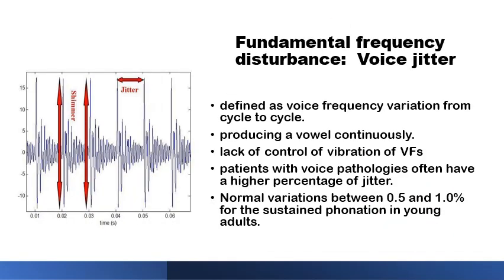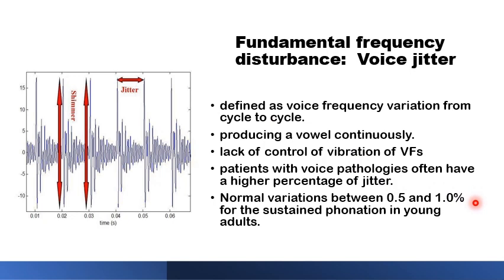In normal persons producing a vowel continuously, the fundamental frequency of successive glottal cycles would be expected to be quite close. The time taken for each cycle from the start of the cycle to the end would be very similar to the time taken by the successive cycles, with only very minor variations, usually less than 1%.